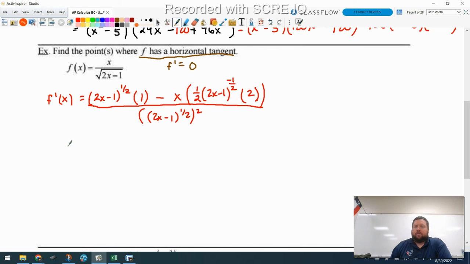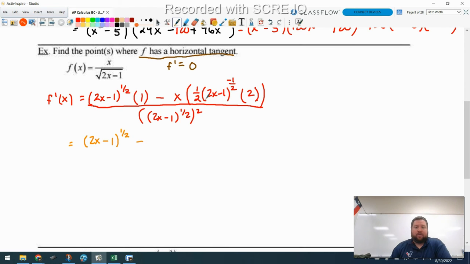Okay, since we have to set this thing equal to 0 and solve it, simplifying is going to be a very important thing here. We definitely want to simplify this as much as possible before we set it equal to 0. Okay, so multiplying by 1, we can just get rid of that 1. 2x minus 1 to the 1/2 power.